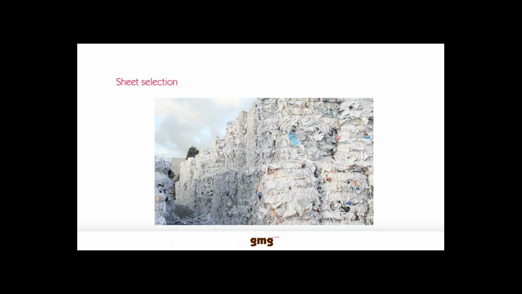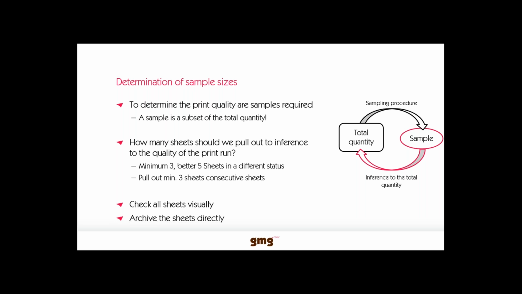And then we need some sheets for measurement. How many sheets should we pull out now? The first one, or one from the middle, is one sheet enough? The question is, how many sheets do we need to extrapolate from them to the average of our print run?